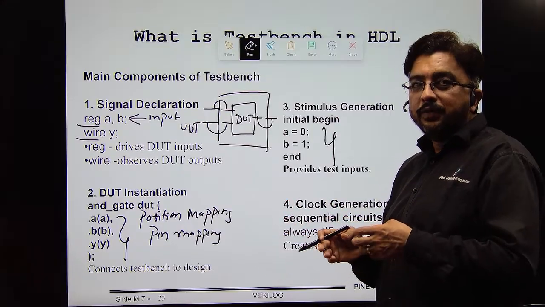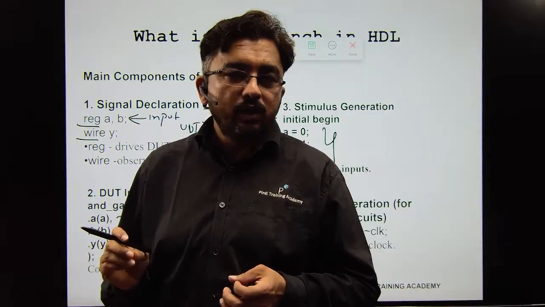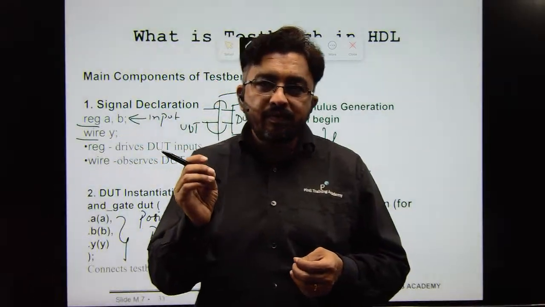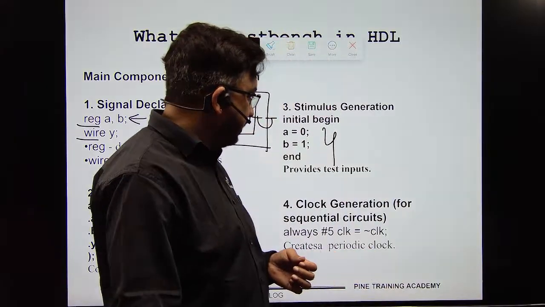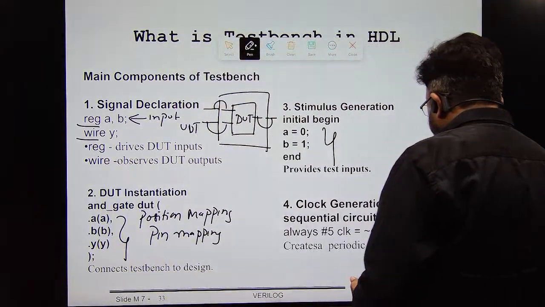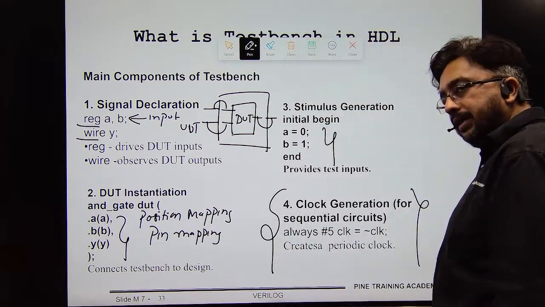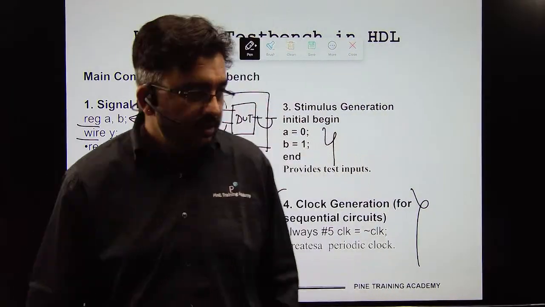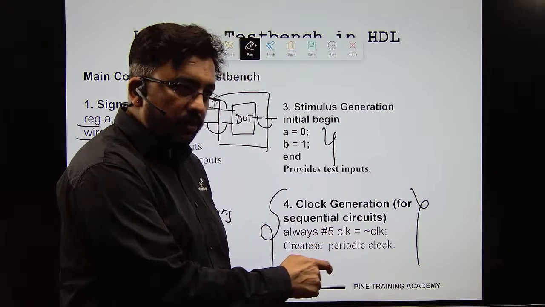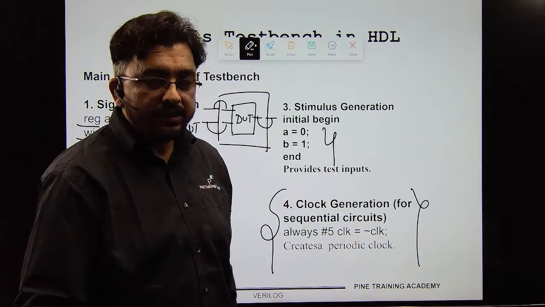You have to force different values at different times. This is called a stimulus. I have not started sequential yet; in sequential we need to generate the clock signals, so we will take that up once I start sequential.